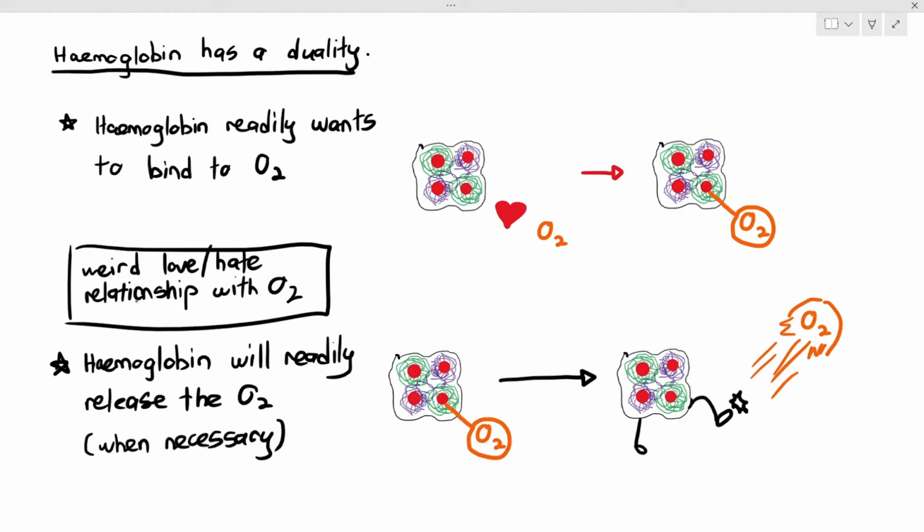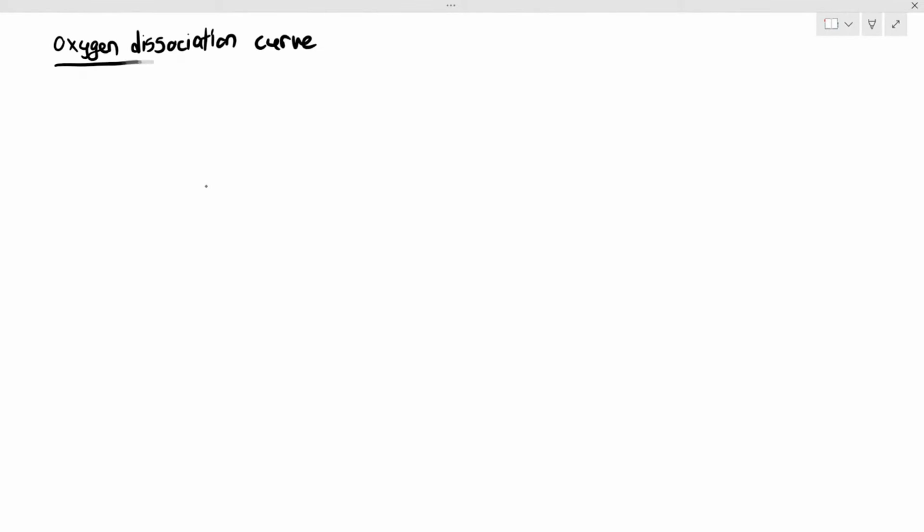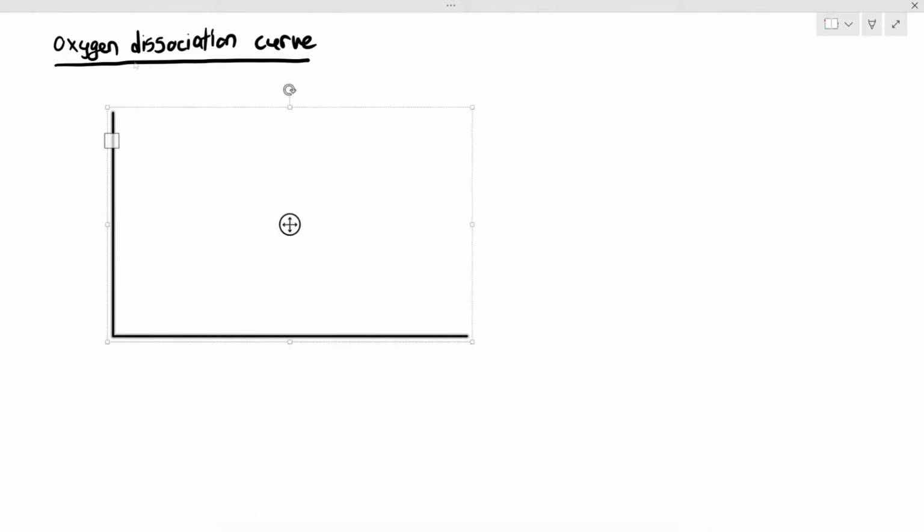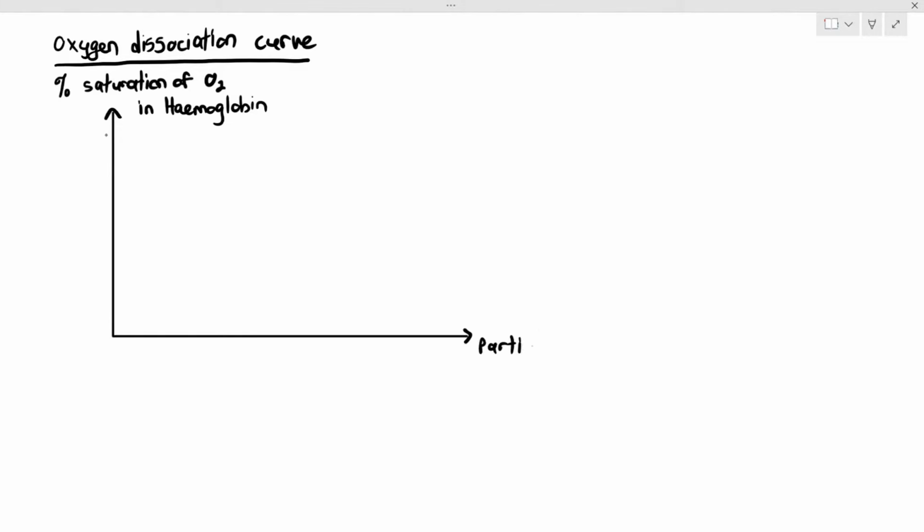One of the problems with this topic when I teach my students is the oxygen dissociation curve. Okay, so this curve is something that you might have seen in your textbook, where on the y-axis it has the percentage saturation of oxygen in hemoglobin, and on the x-axis is the partial pressure of oxygen measured in kilopascals, and the general shape of the curve is a sigmoid or S-shaped curve.